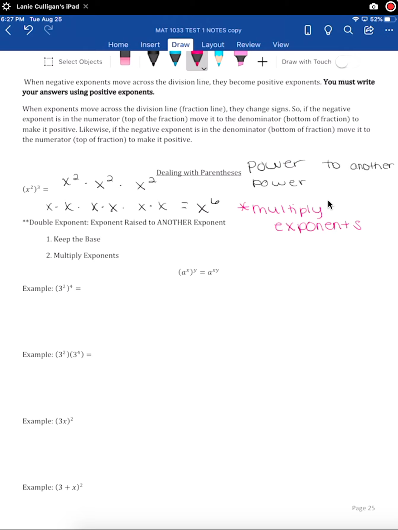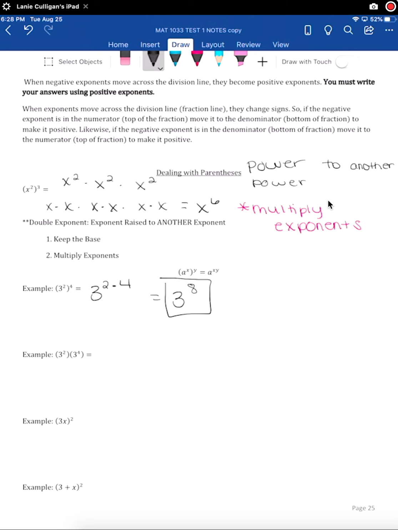For example, 3 squared to the 4th power. We have a power to a power, so we are going to multiply our exponents. So 3 to the power 2 times 4, which is 3 to the 8th. We can just leave this as 3 to the 8th because we like exponents. Instead of writing a really big number, we could just leave it as 3 to the 8th.